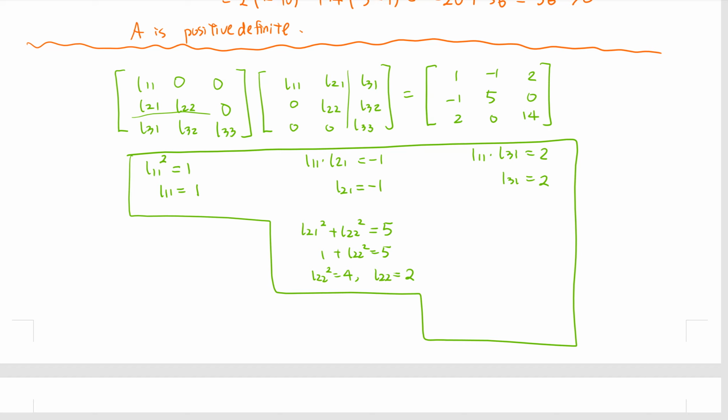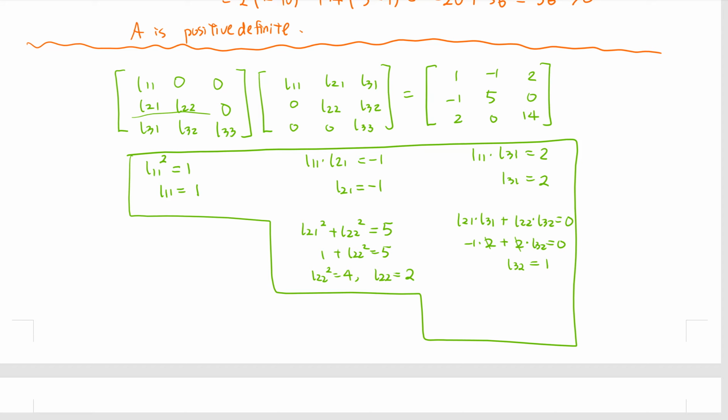And then here we use the second row times the last column. L21 times L31 plus L22 times L32 equals 0. L21 is minus 1, L31 is 2, L22 is 2, L32 is our unknown. Dividing both sides by 2 and moving the negative 1 to the other side, we get L32 equals 1. So far, so good, everybody?